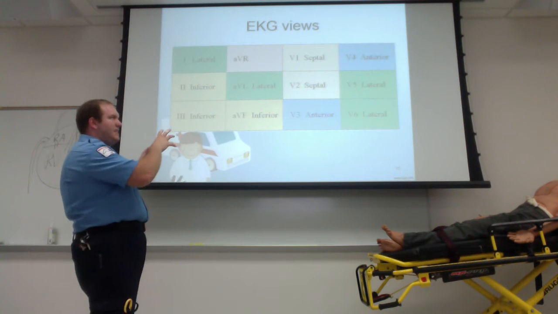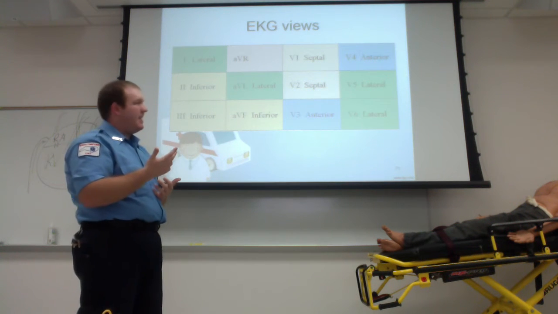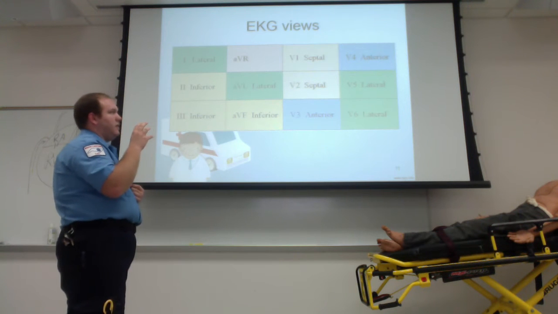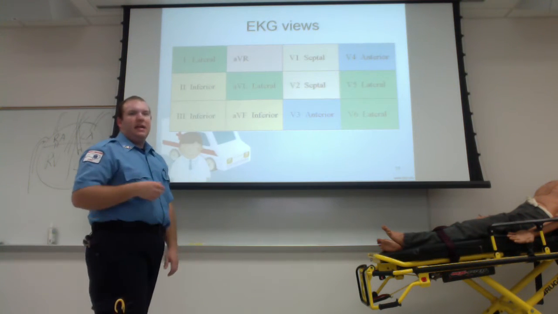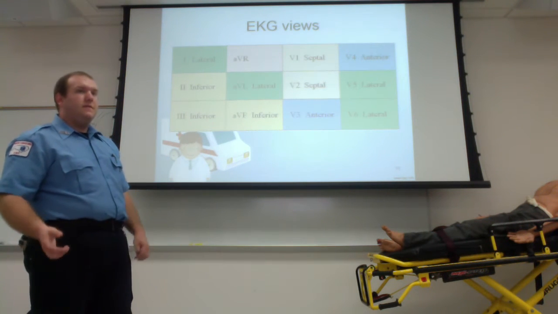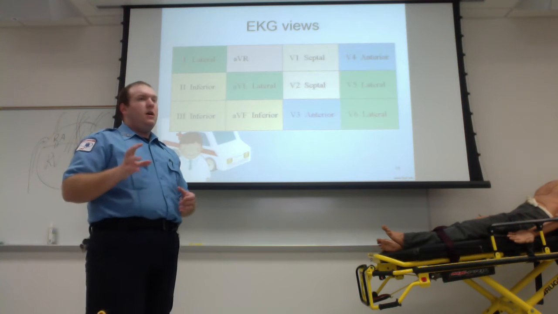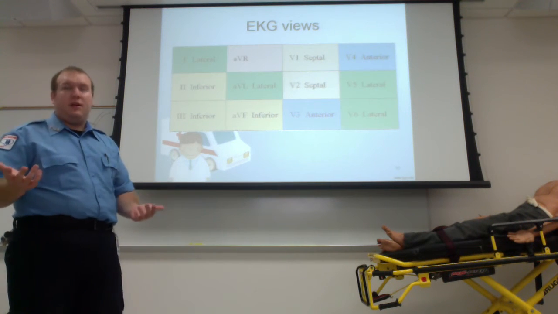And so that gives you an idea of wherever you see your ischemia, you can relate that to this chart, and then you can tell where your heart attack is occurring. For us, it doesn't mean that big of a deal, but it can mean the difference of whether you give, for example, nitroglycerin or not.